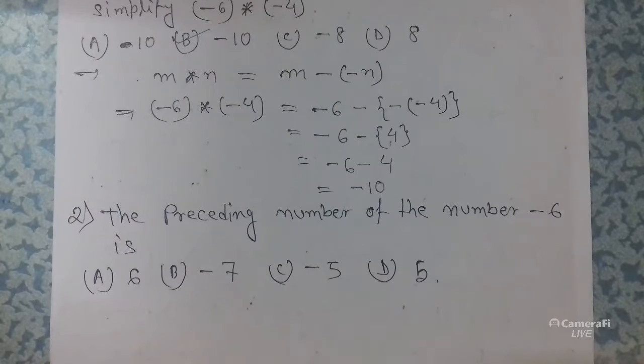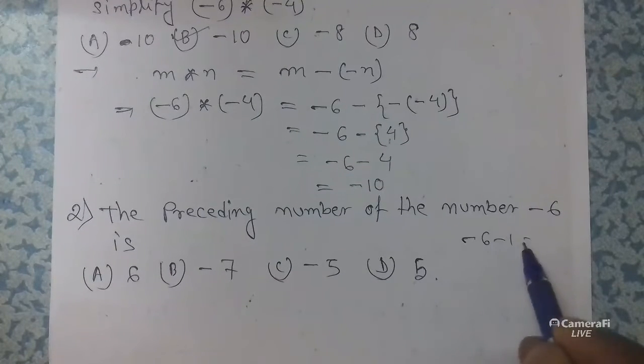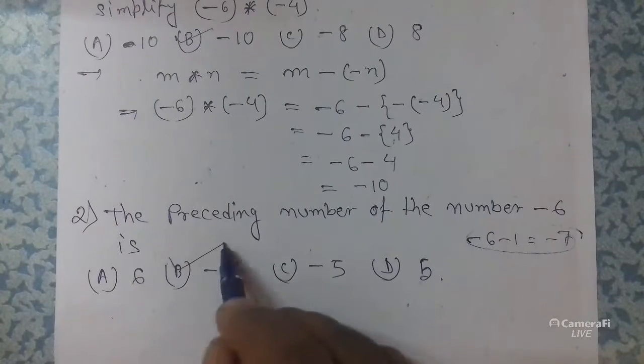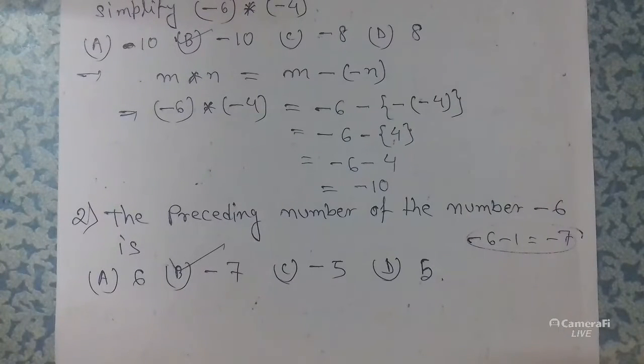So the preceding number of minus 6 is obviously minus 6 minus 1, so obviously minus 7. So the preceding number is minus 7. So B is the correct answer.